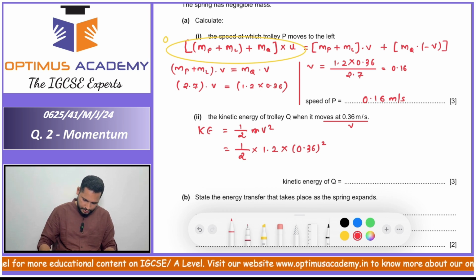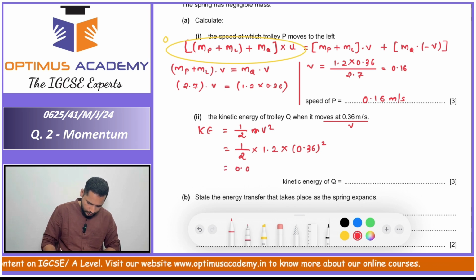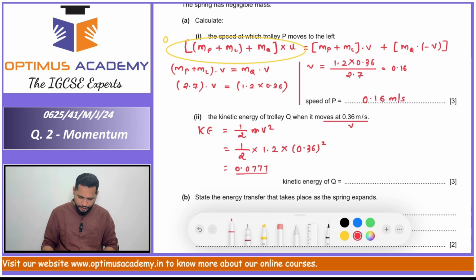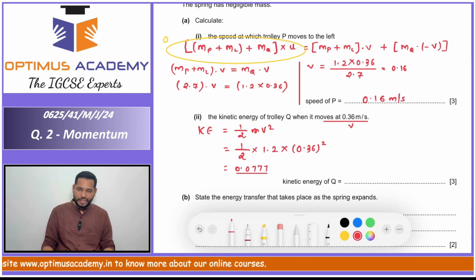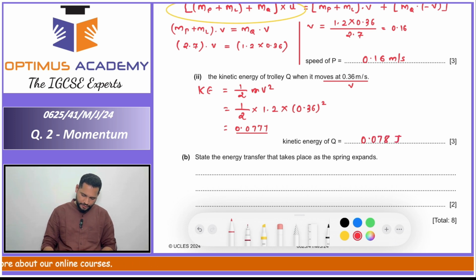The answer for this is 0.0777 on the calculator display, but we will be writing the answer in 3 SF. So our answer will be 0.078 joule.